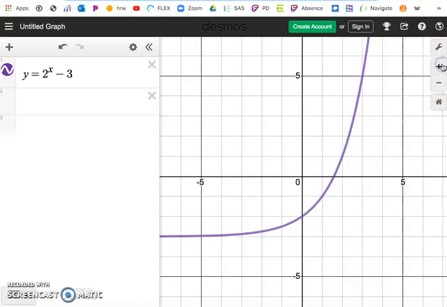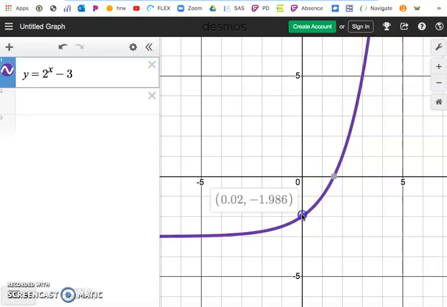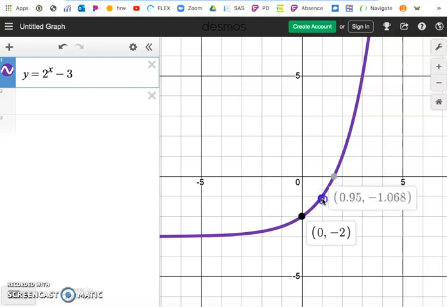We can zoom in a little bit here. It wants us to fill out the table for 0, 1, 2, and 3. So at 0, you have negative 2. So 0, negative 2. At 1, negative 1.